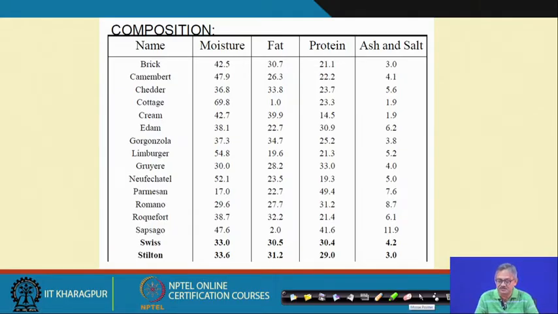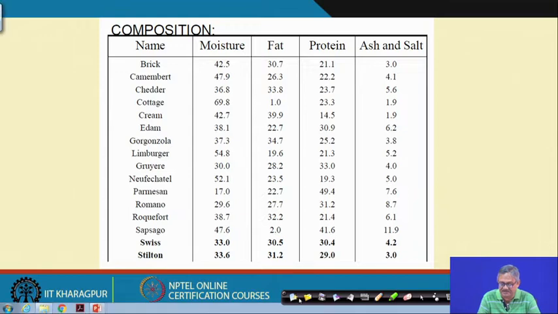So all these varieties, not more than 2000 varieties of cheese are available all over the world. And naming is typical.